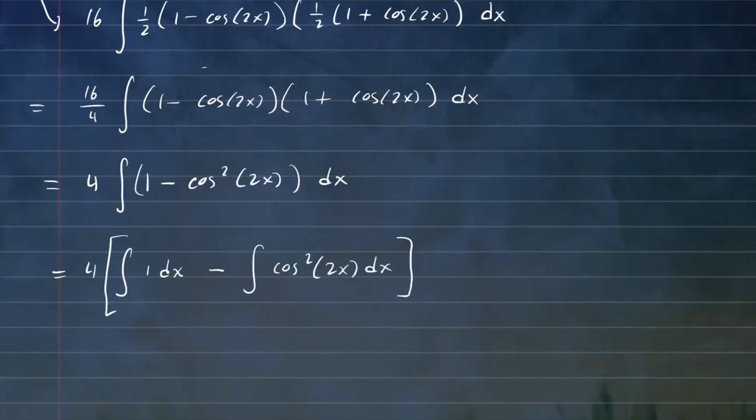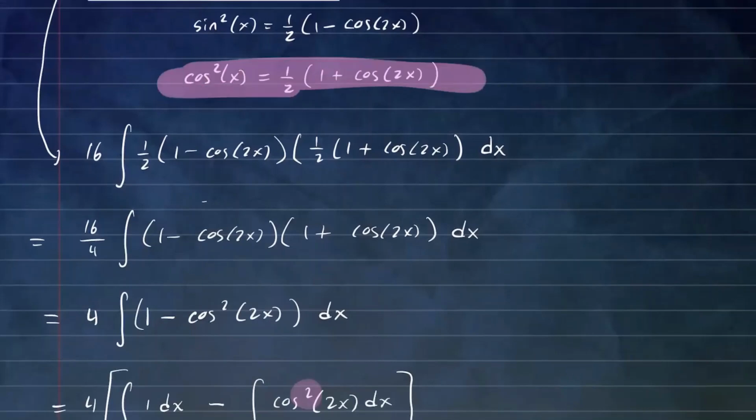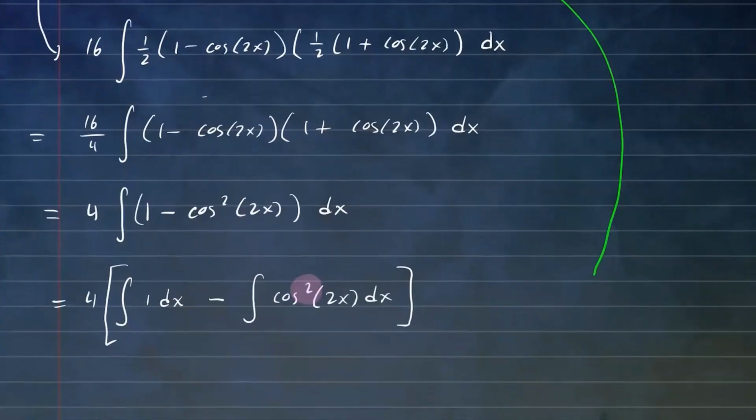Now here again, you ended up with an even power. Again, use this identity. Even power, always use that identity. We have to rewrite it a little, since the angle is 2x instead of just x. We know that cosine squared of x is equal to 1/2 (1 plus cosine 2x). Now we don't have cosine squared of x, we have cosine squared of 2x.